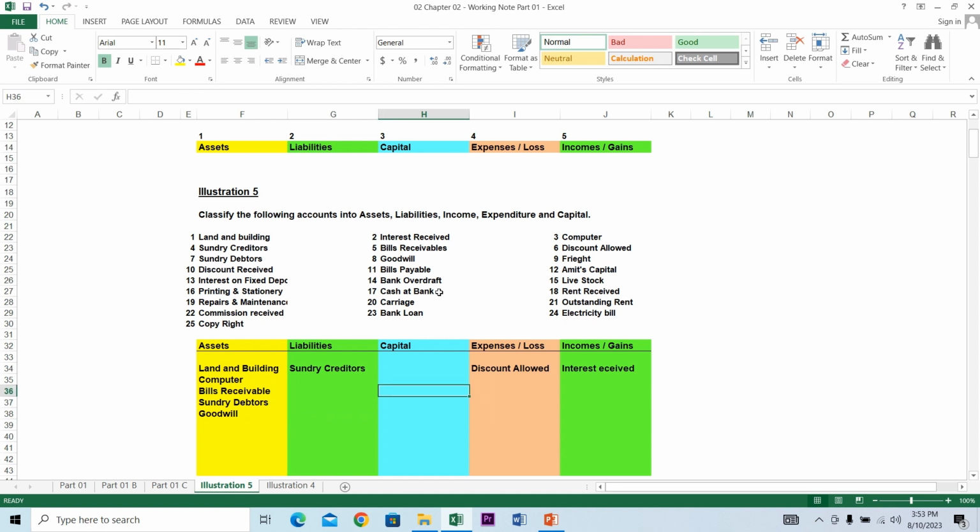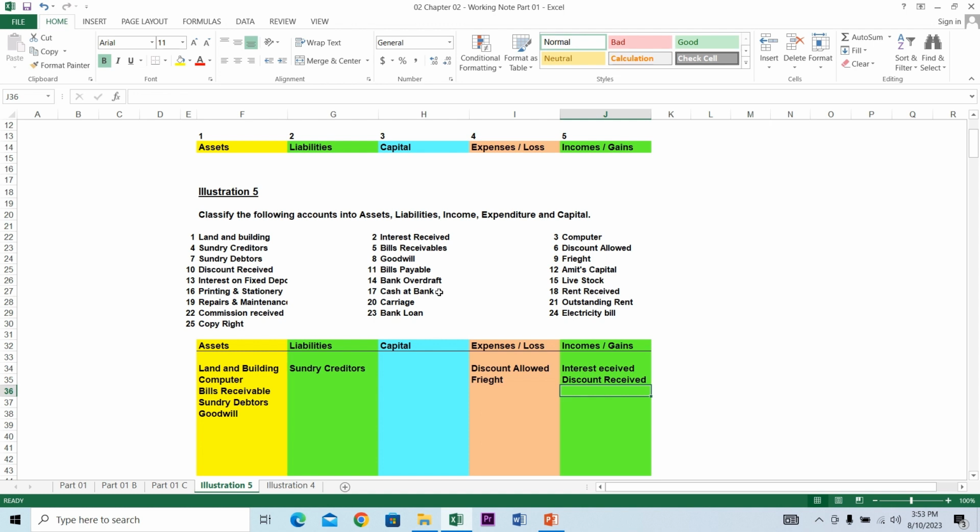Then the next point, freight. Freight is an expense. Then 10th point, discount received. Discount received is an income. Then 11th point, bills payable.